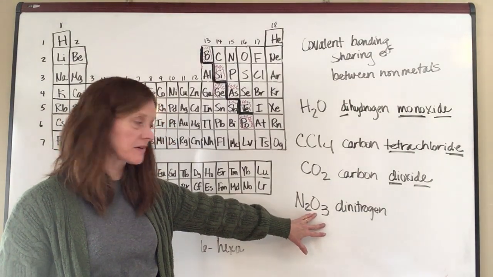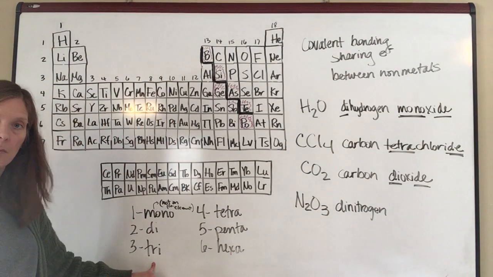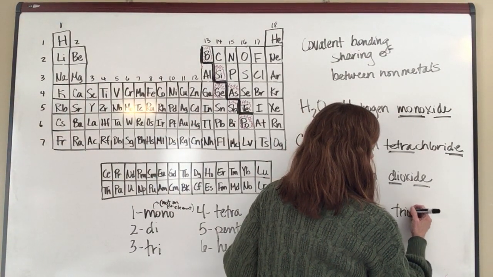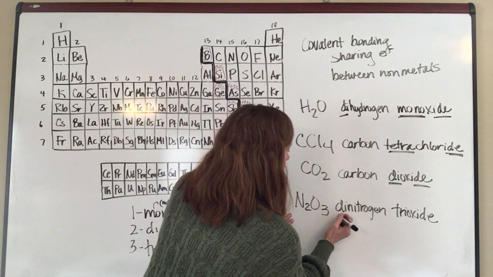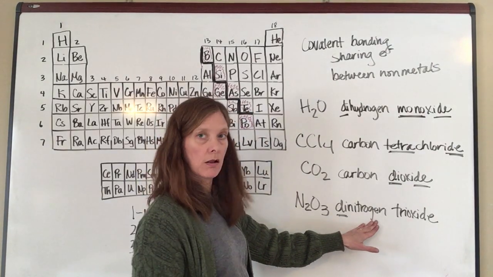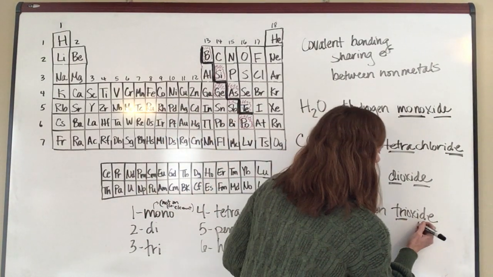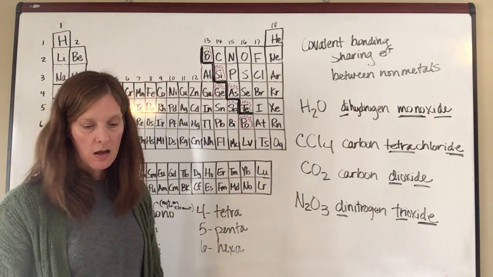Oxygen means it will be oxide, and the prefix is 3, which is tri, so it's going to be trioxide. So again, prefix, name of the element, prefix, name of the element, but with the suffix IDE, okay?